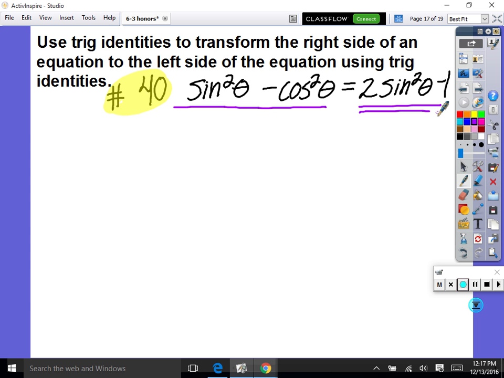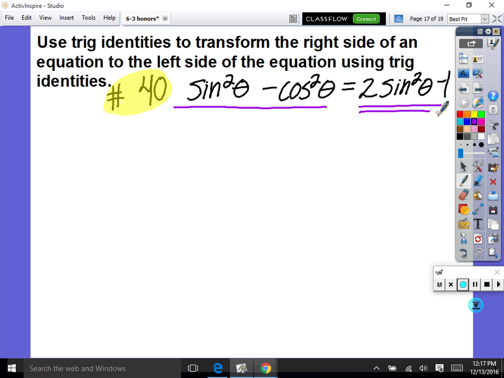Okay, you do? Can you tell me where we should start out here? We should start by subtracting sine squared theta from both sides and adding 1. And then add cosine squared theta with 1 from sine squared theta plus cosine squared theta.